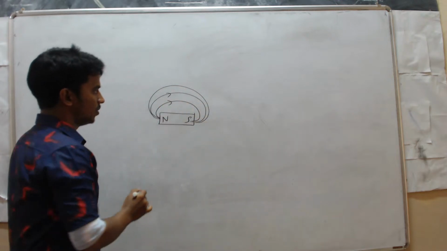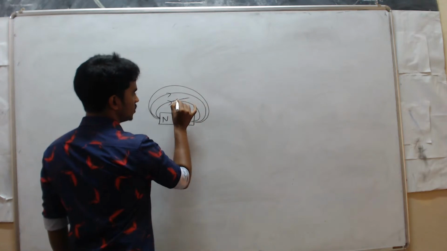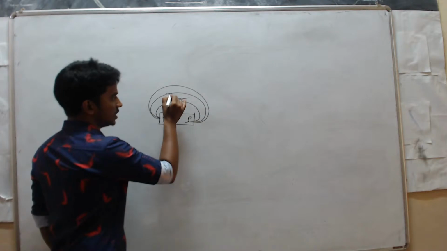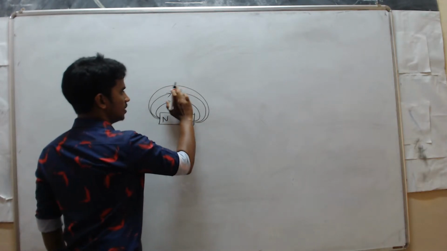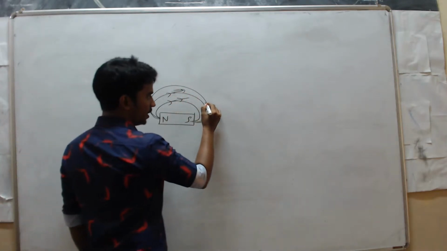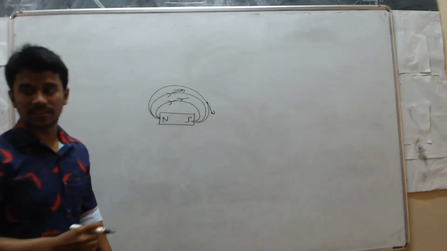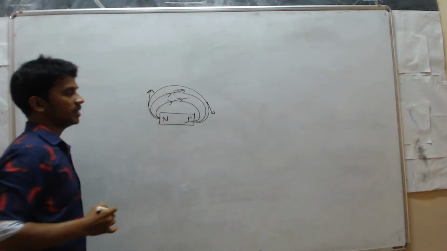If you draw a line like this, at this point the direction it will show is in this direction. Even this line also will show the direction like this. Or if you take the point here, then it will show the direction like this.